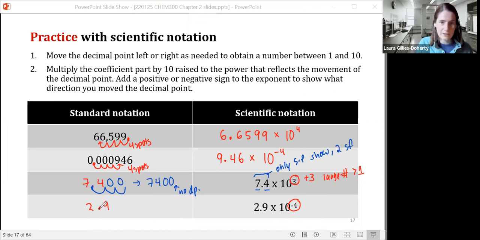We want to end up with a number that has some zeros in front of it that's less than 1. So I'm going to grab my decimal point here. I'm going to move it 4 spots to the left. So here's 1, 2, 3, 4. And then you fill in the blanks with zeros. And so we end up getting 0.00029.